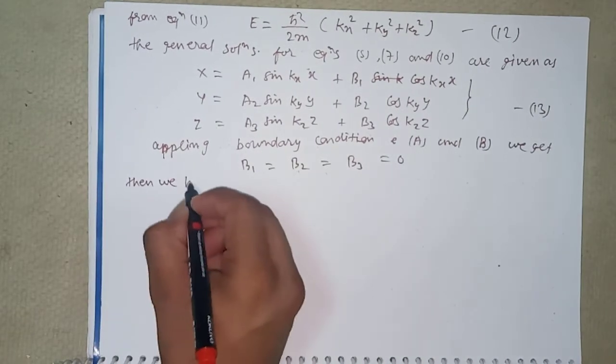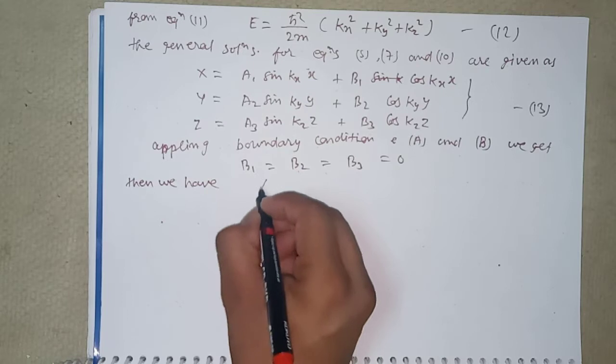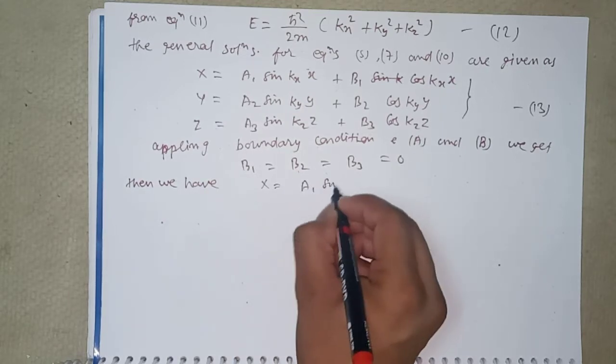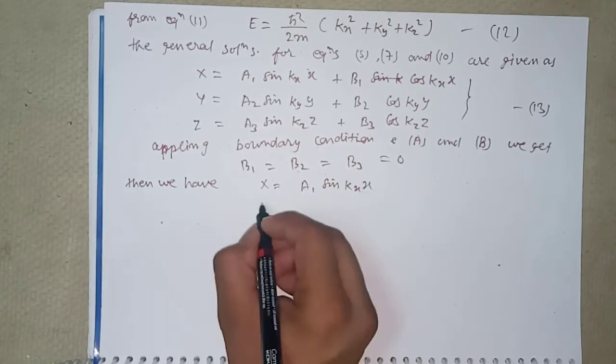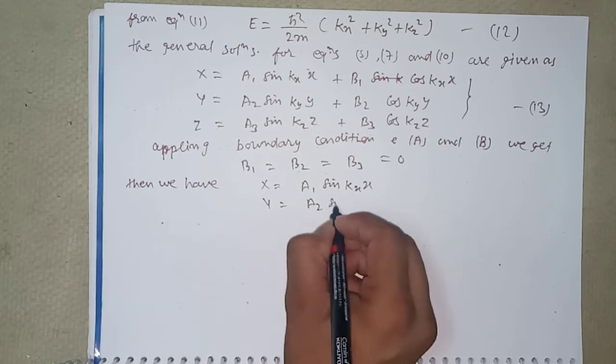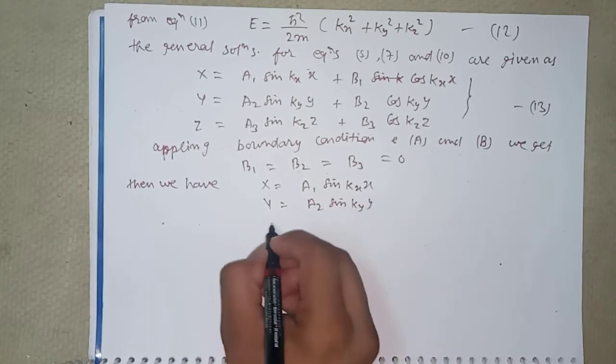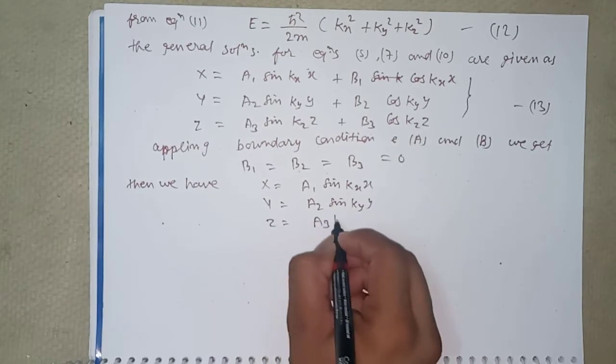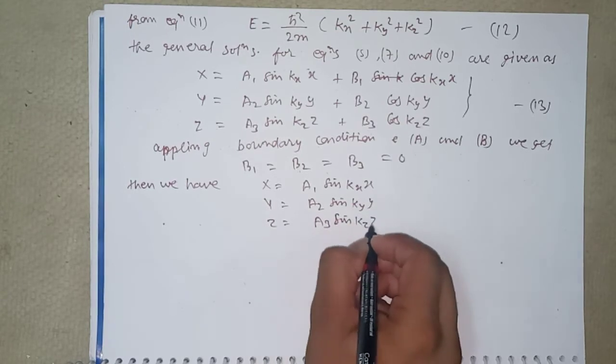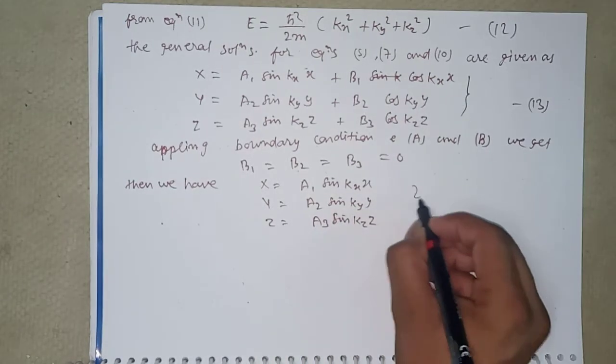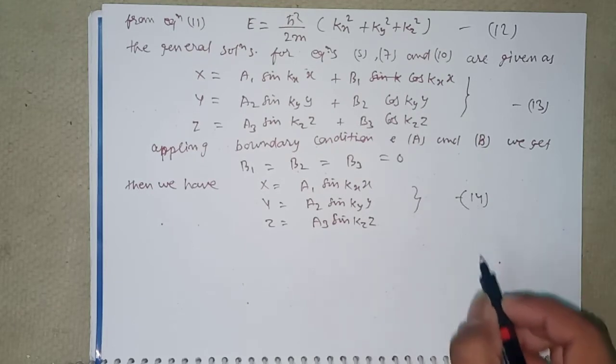Then we have X is equal to a1 sin kx x, Y is equal to a2 sin ky y, Z is equal to a3 sin kz z. Equation number 14.